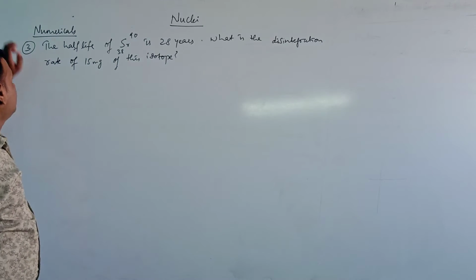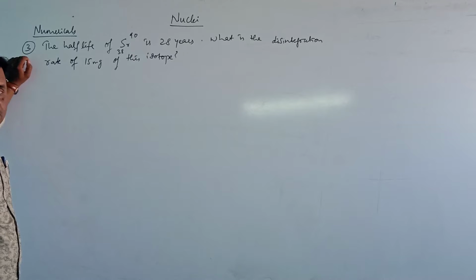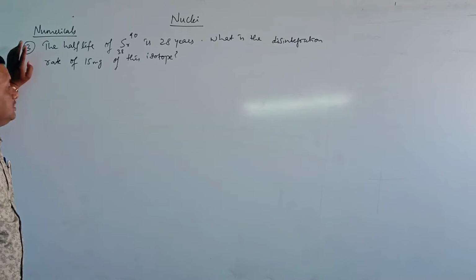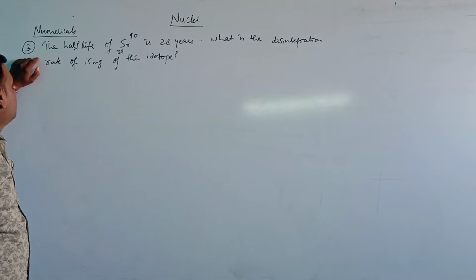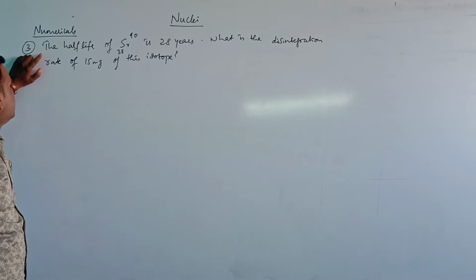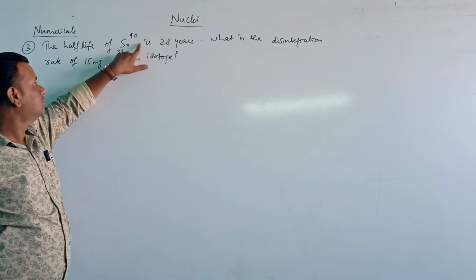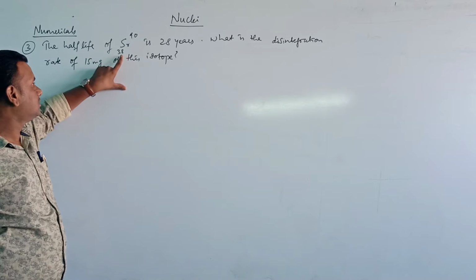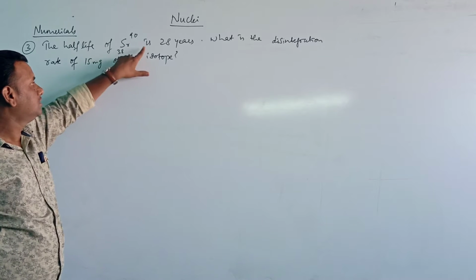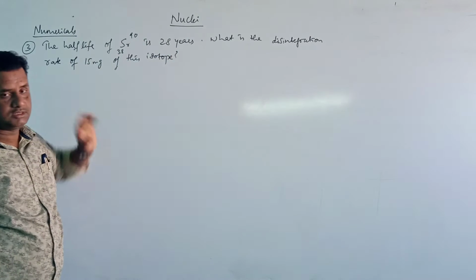Today we are continuing the numericals of the nuclear chapter. The third numerical: as yesterday we solved two numericals. The question is: the half-life of strontium 90-38, where 90 is the mass number and 38 is the atomic number, is 28 years.